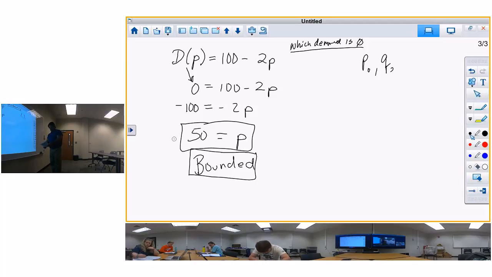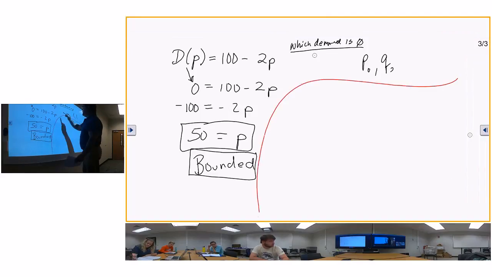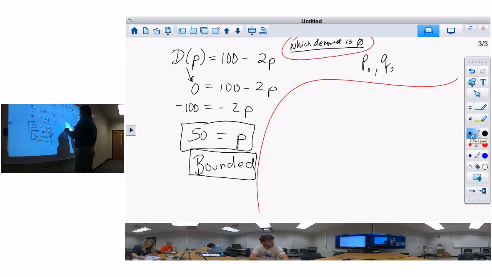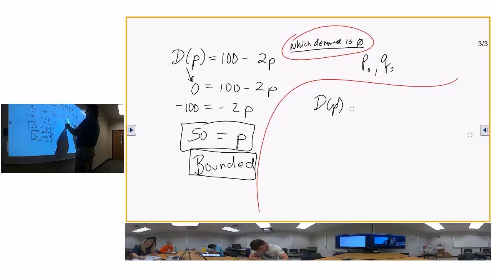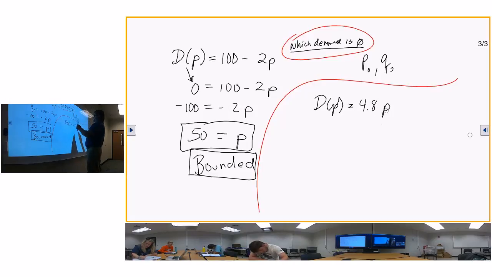So what about this one? It says determine whether there is a specific market price at which the demand is 0. They give you a different demand formula. Same question, which demand is 0. D of P is equal to 4.8 P to the negative 0.1 units.